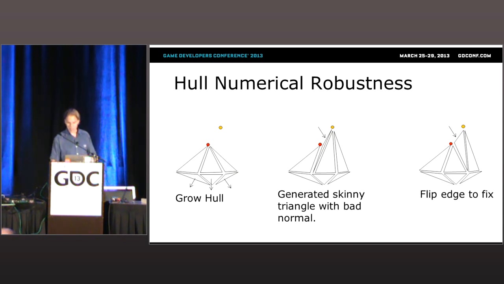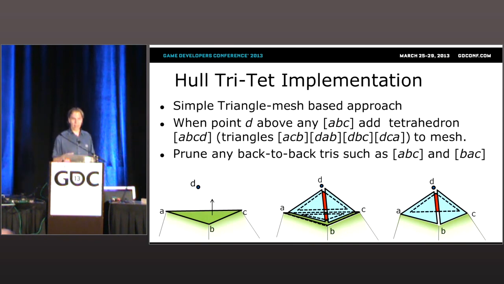But there's also a simple approach for hull generation, just based on triangle meshes. It also works. And again, this is one of these expansion approaches. So you have this triangulated mesh, and anytime I want to iteratively grow the hull with new points, I find all the triangles for which it's above, then I take a tetrahedron and I glue it on top.